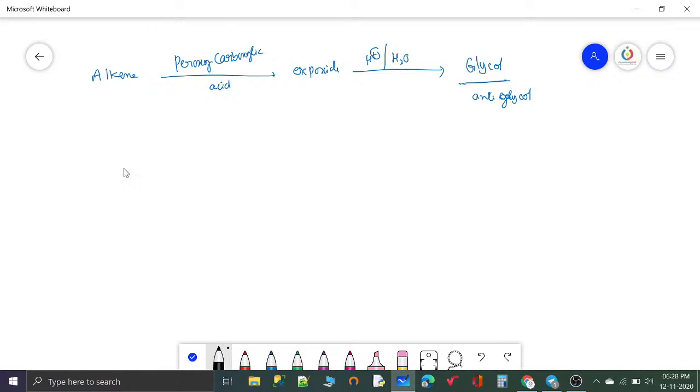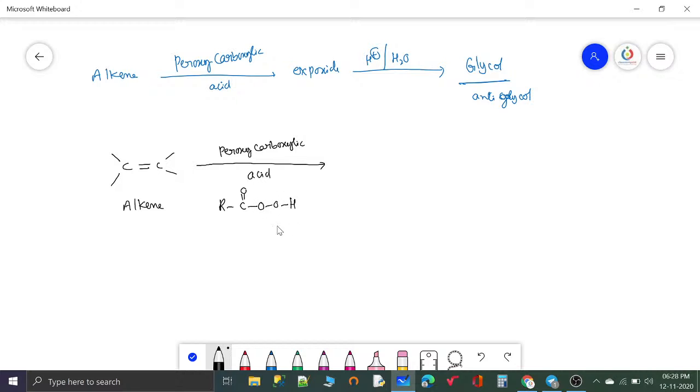You just take a molecule. This is a normal alkene representation. This alkene is subjected to some peroxycarboxylic acid. I will take some general representation.